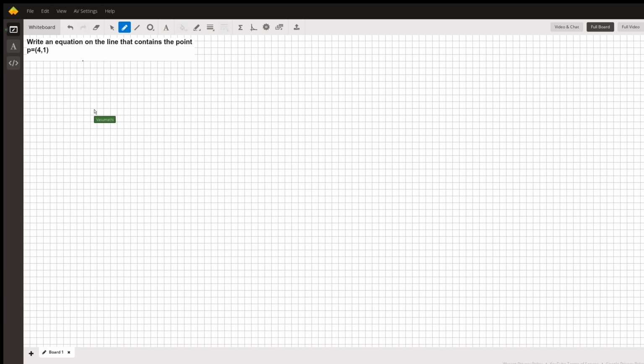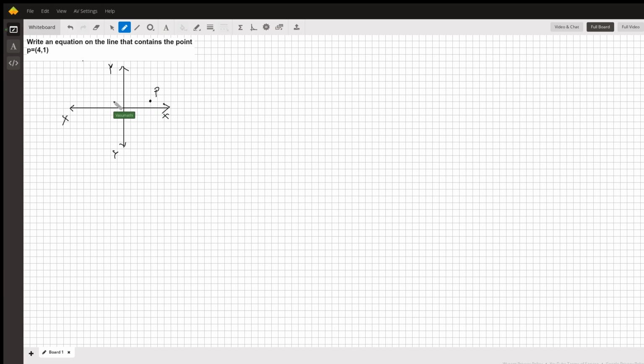So let's make a quick sketch here. So here is my x-axis and here is my y-axis. The point P is, let's locate it, 1, 2, 3, 4 squares to the right from the origin and 1 up. So here is a point P. And the question says there is a line that contains this point.